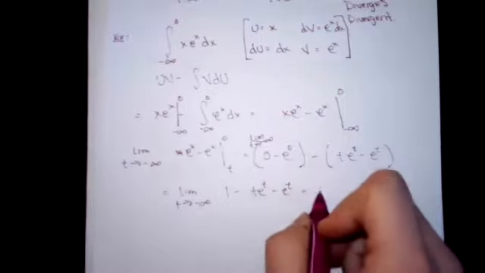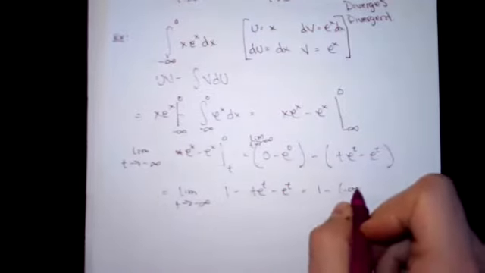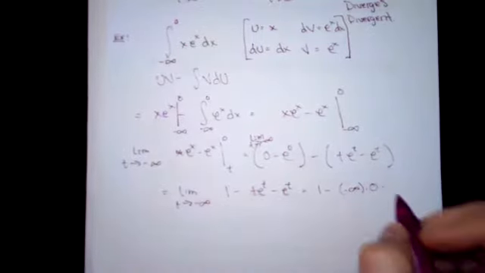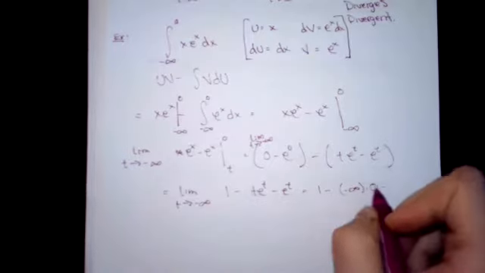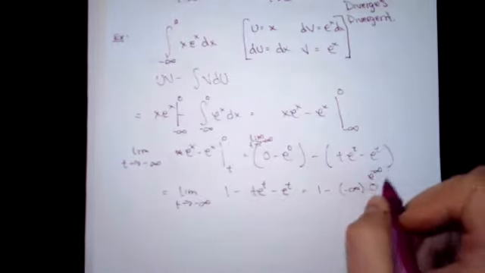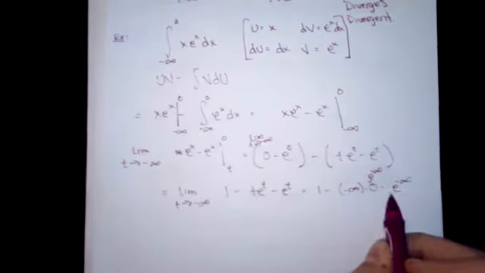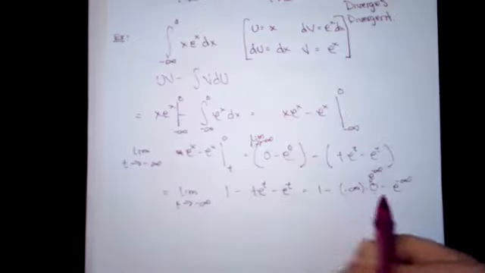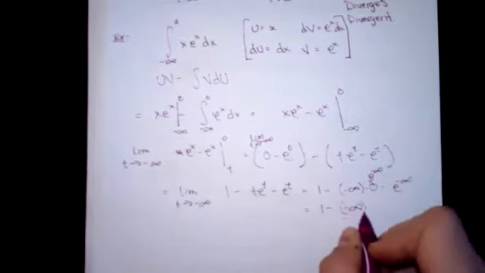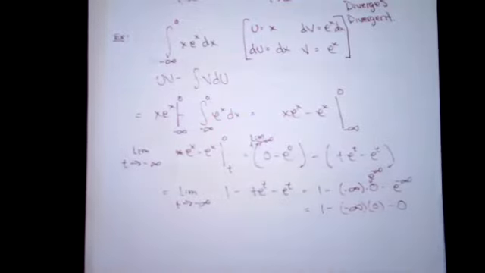First step with a lot of these, you want to plug in your limit. So it's going to be 1 minus negative infinity times e to the minus infinity, minus e to the minus infinity. But e to the minus infinity is just 0. So 1 minus negative infinity times 0 minus 0.